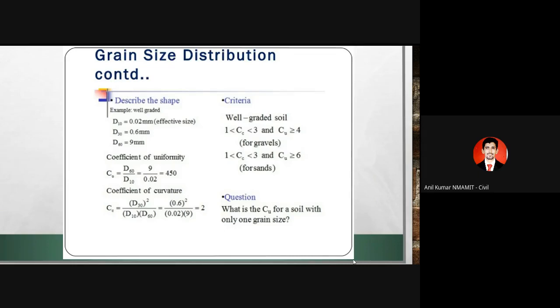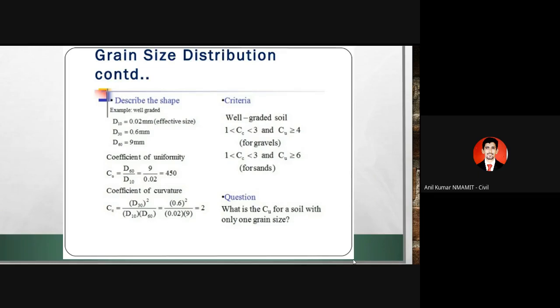Similarly, for gravels, if the value of Cu is greater than 4, then I call it a well graded soil sample or gravels. For sand, your value of Cc should be between 1 and 3, and your Cu value should be greater than 6.